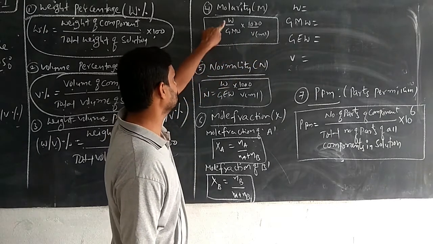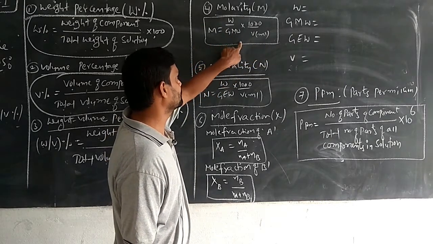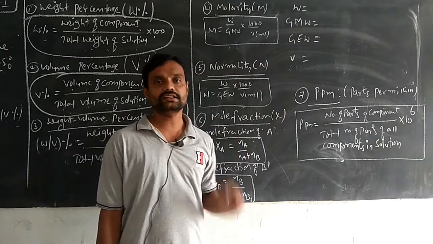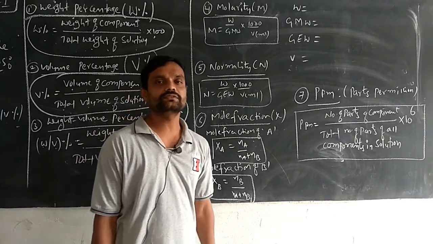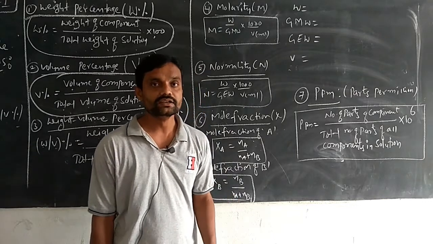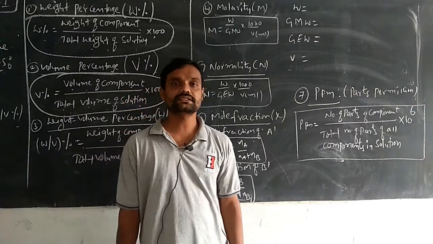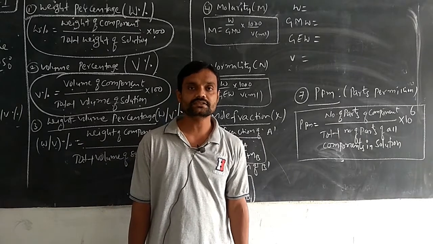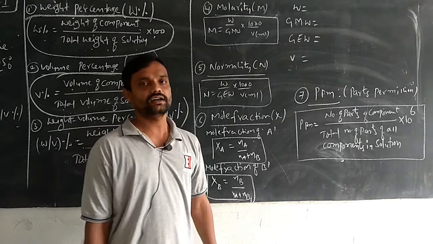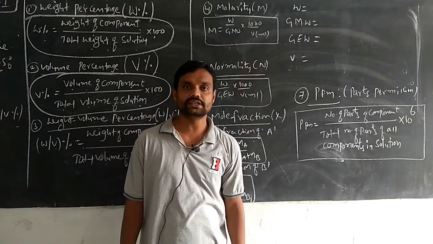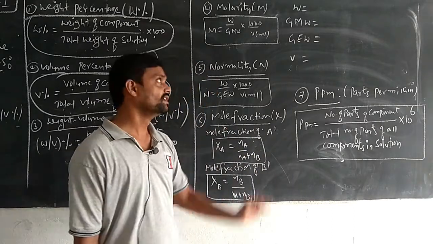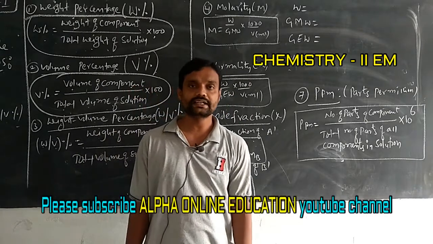In that formula, W is the weight of the solute, GMW means gram molecular weight of the solute, V is the volume of the solution and capital M is the molarity of the solution. So this is the meaning of the molarity.